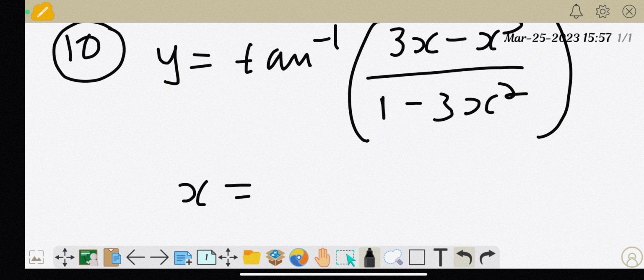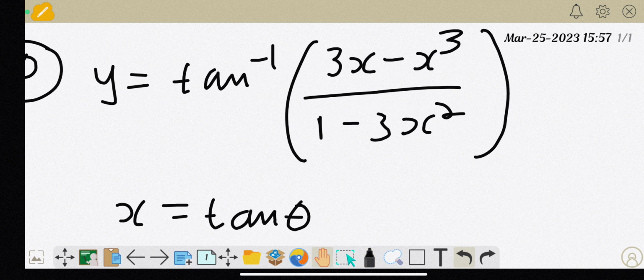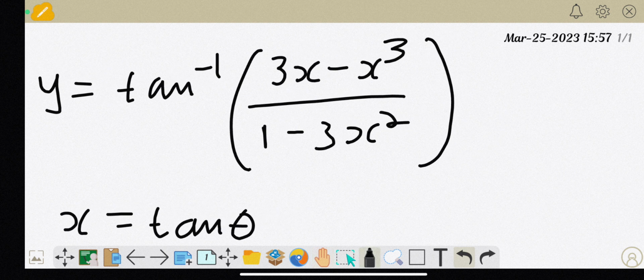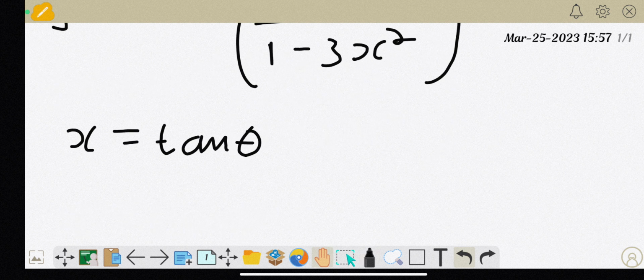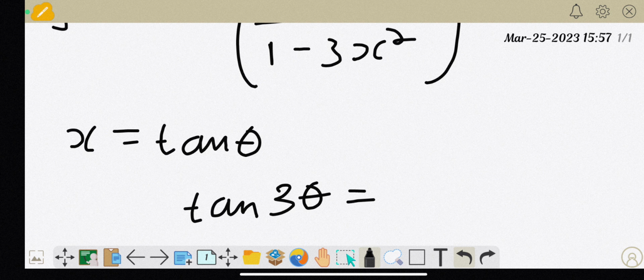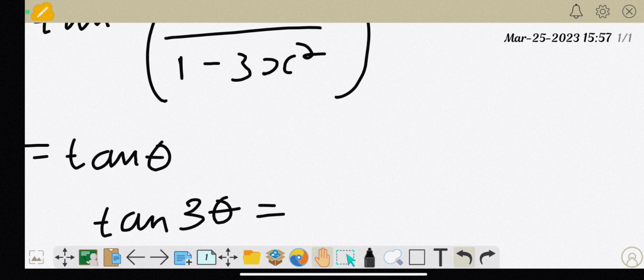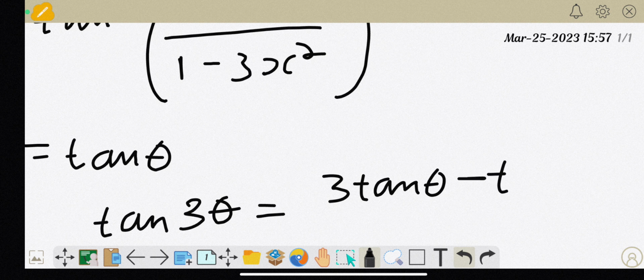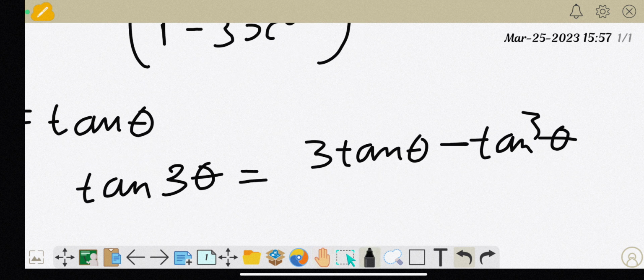So here the suitable substitution for x is tan theta, correct. So this is the formula for tan 3 theta, correct. So tan 3 theta is equal to 3 tan theta minus tan cube theta divided by 1 minus 3 tan square theta.